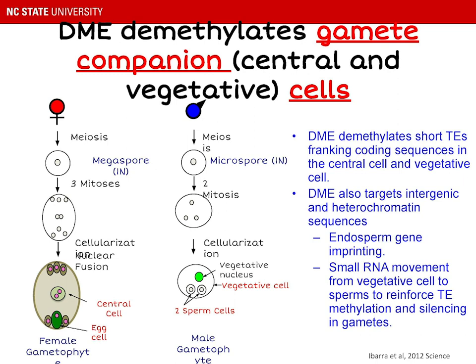On the female side, it establishes gene imprinting in the endosperm, and, on both the male and female side, most likely the hypothesis is that it demethylates the transposon and activates the transcription of the transposable element for the purpose of producing small RNA, and then the small RNA gets transported to the egg cell. I can summarize that in the next slide.